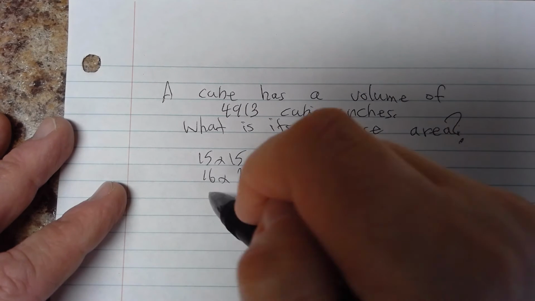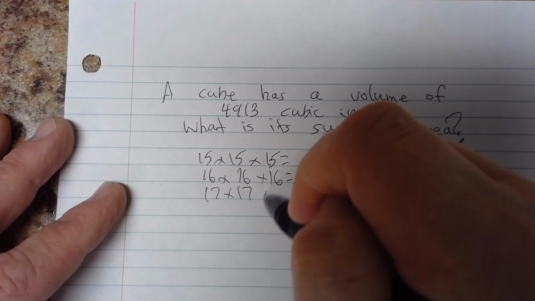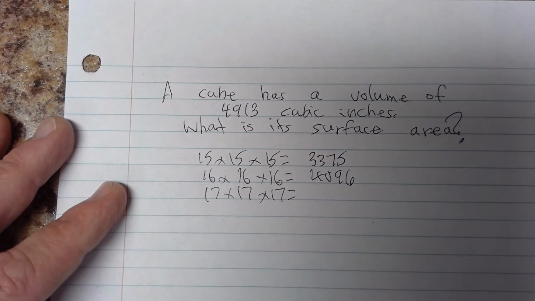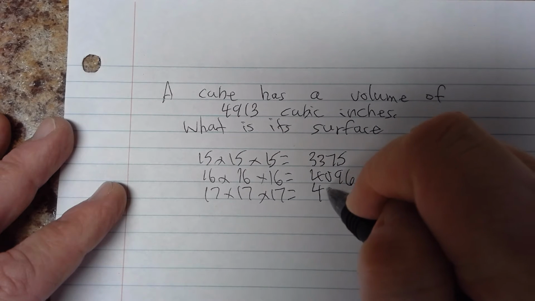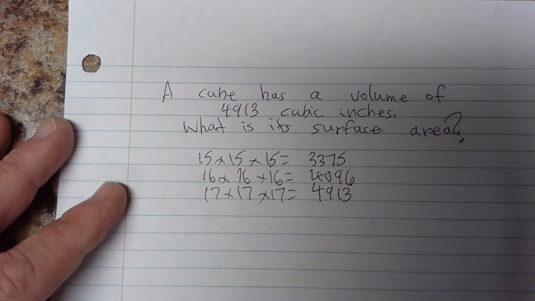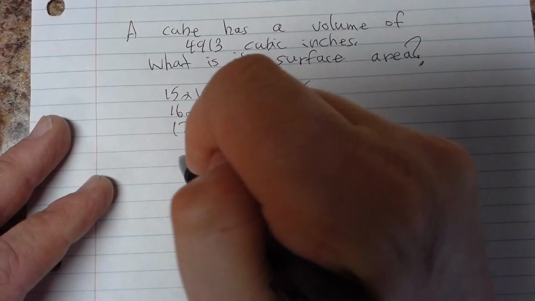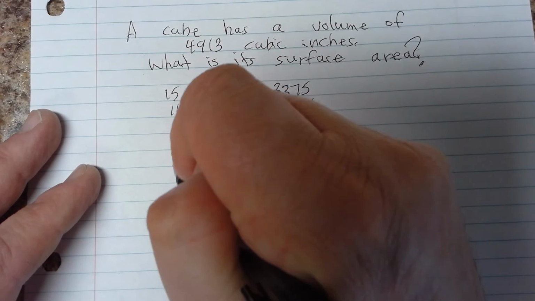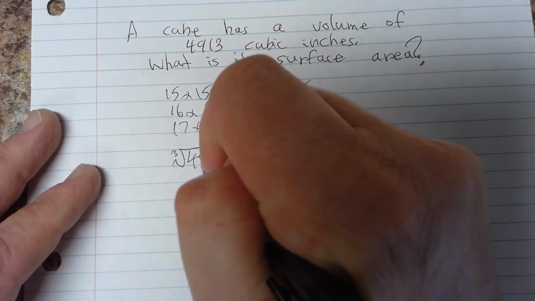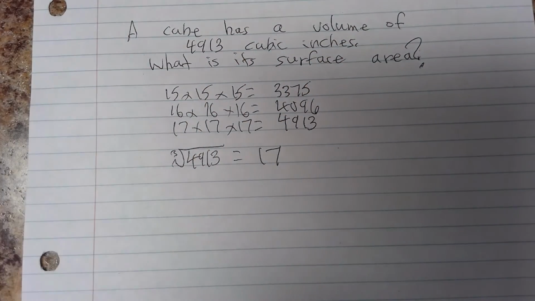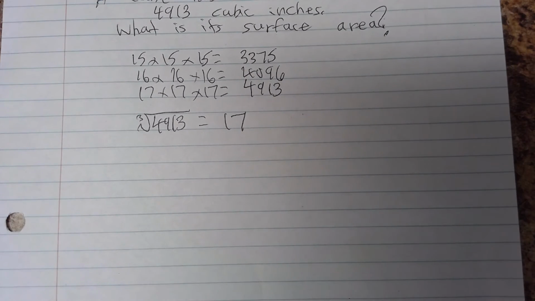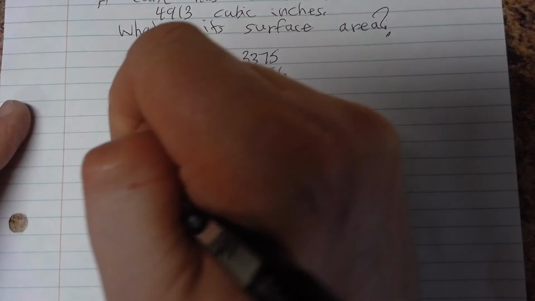Well, I'm going to guess it'll be the next one. 17 multiplied 3 times: 4,913. So the cube root of 4,913 is 17. So we know that one side of this cube is 17 inches.